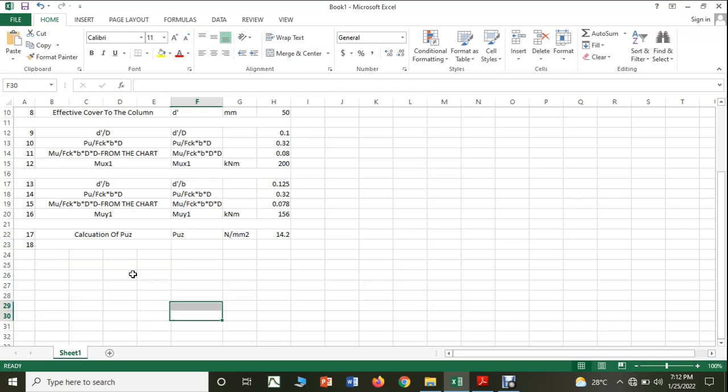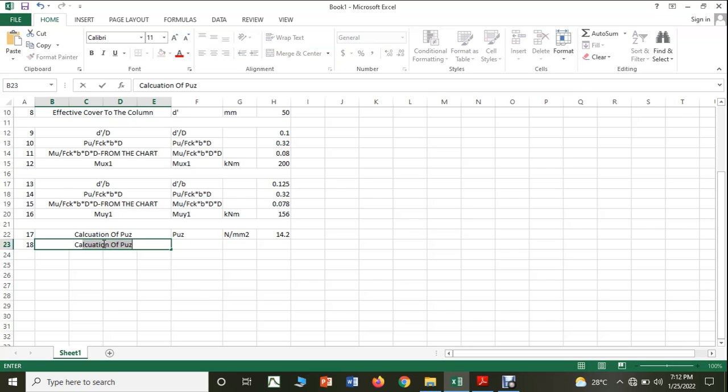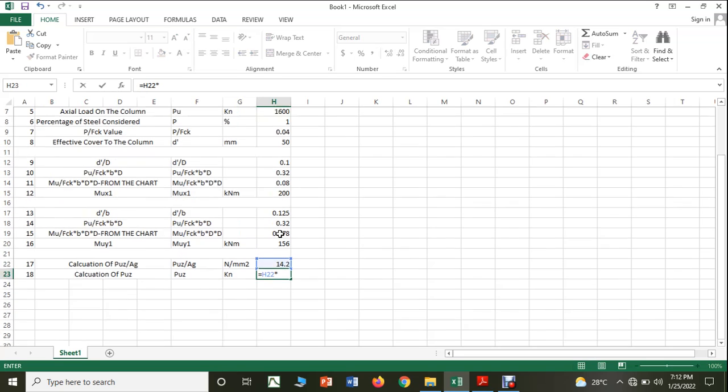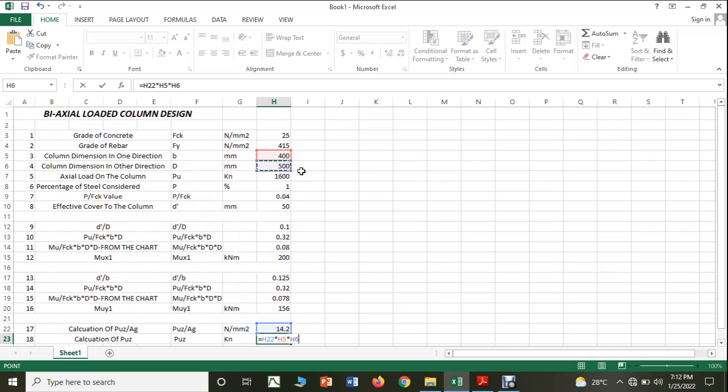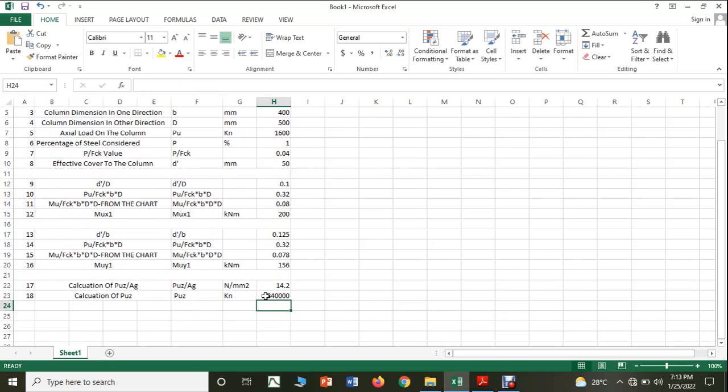So calculation of Puz, which will be in kilonewton, is nothing but this into 400 into 500, so that will give you the corresponding value.